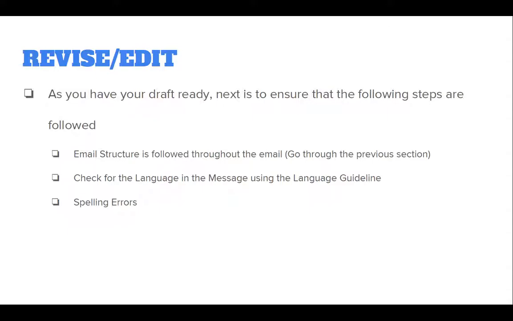The third thing is check for any spelling or grammatical errors. So the structure is followed, the language of the message is very clear, and the spelling is correct. This does not take away from your thoughts, but restructures your thoughts and the outline using this tool. So that is how it's done.